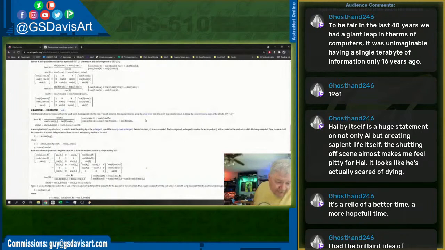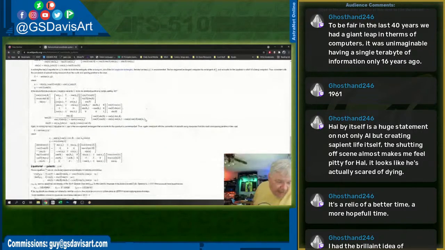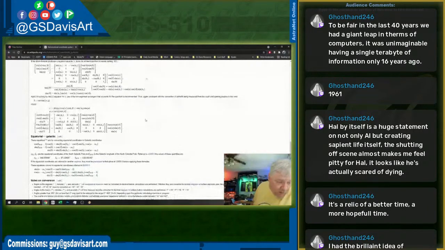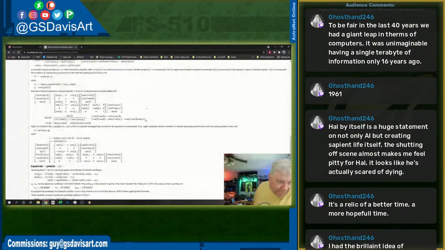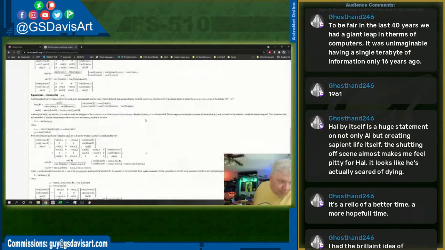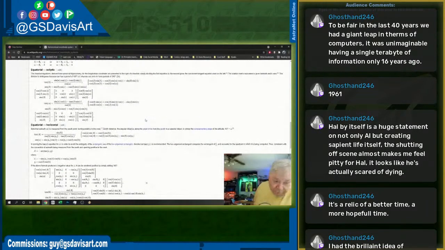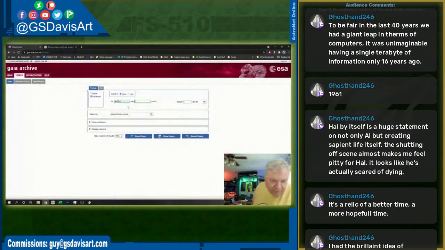Now here's all the math. Wow. Equatorial to galactic. Well, there's that. Still didn't tell me anything about how I'm supposed to format this.